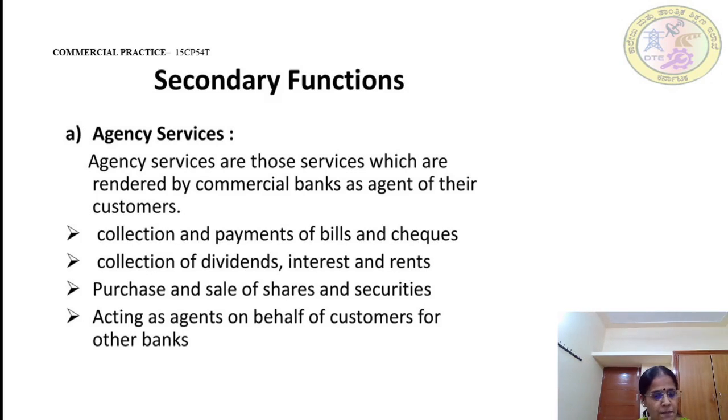The banker undertakes to buy and sell on behalf of the customers. They debit the customer's account on purchase and credit the account with the sale proceeds, charging some commission for rendering the services.